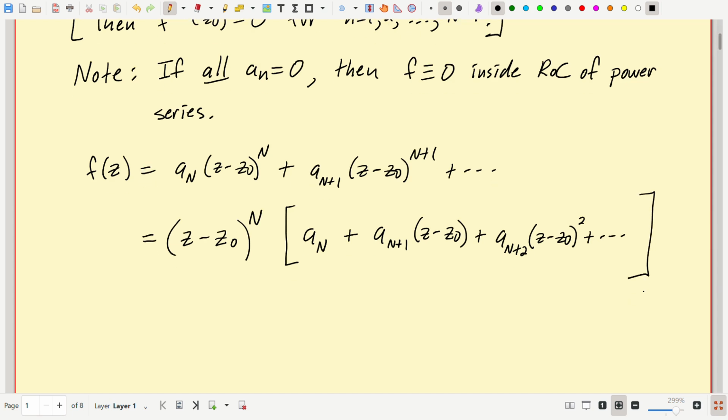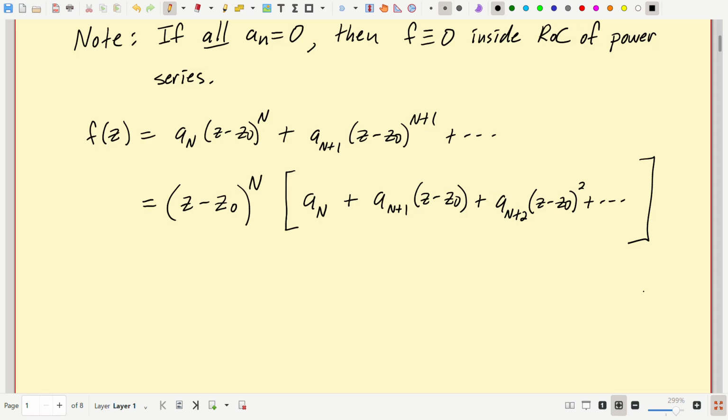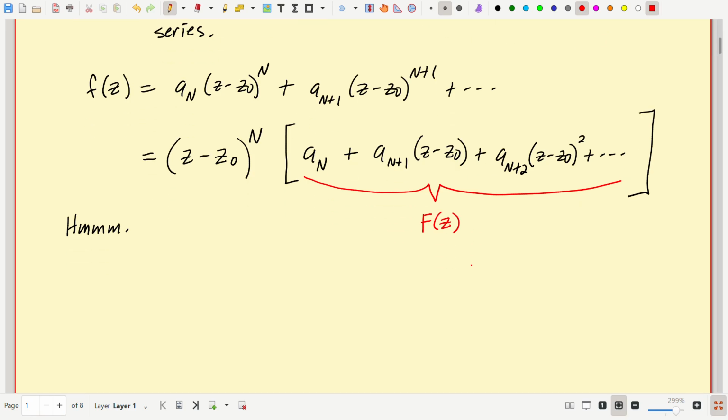And now here's the brilliant observation, which is more important than you might imagine. This is a power series. I'm going to call this capital F of z. I'm thinking out loud here.